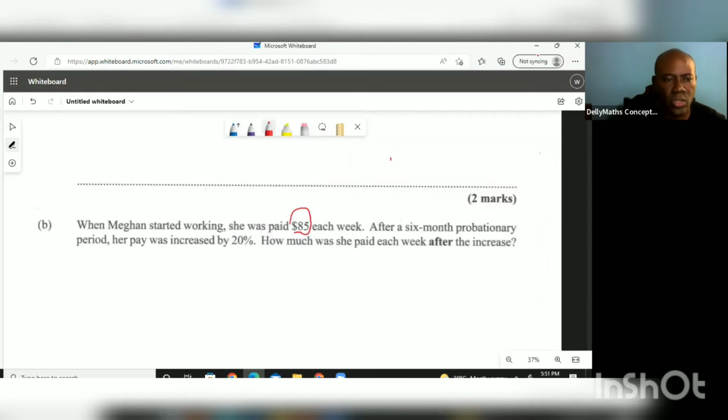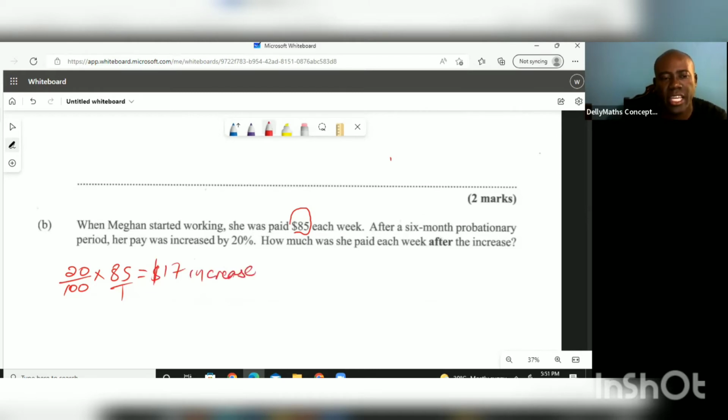That's just one of the ways we could do it. So we want to find what is 20% of the $85. 20 over 100 times that. So this is a $17 increase that she got.